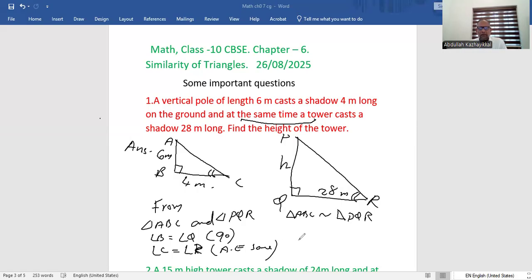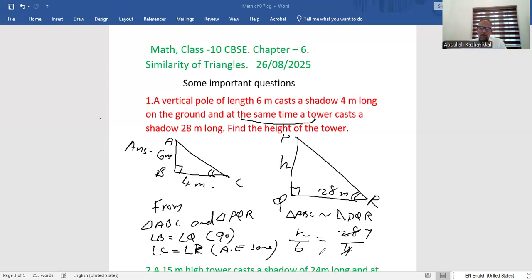Now what we need is H. We can say, corresponding sides, H by 6 is equal to 28 by 4. Yes, now we got H here. What is 28 by 4? 7 fours are 28.